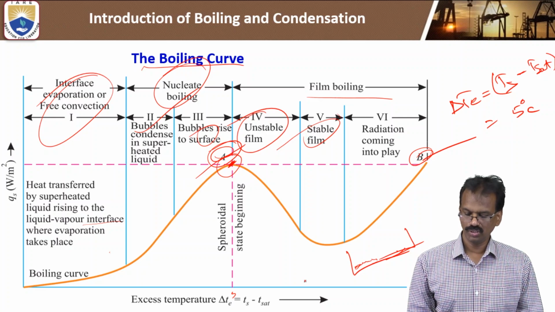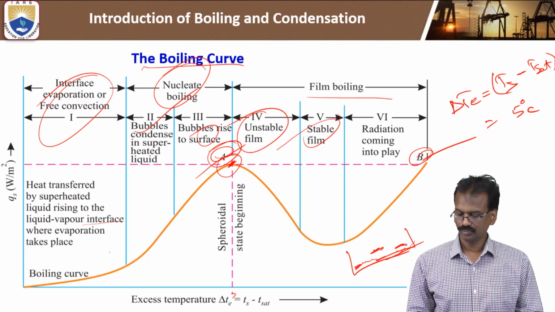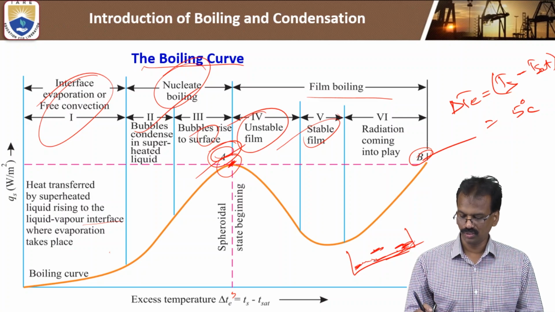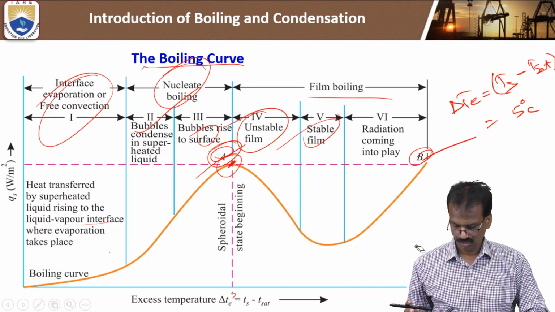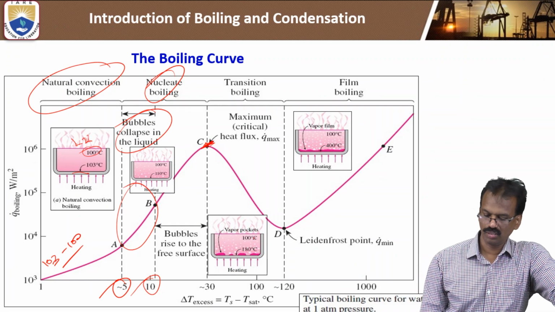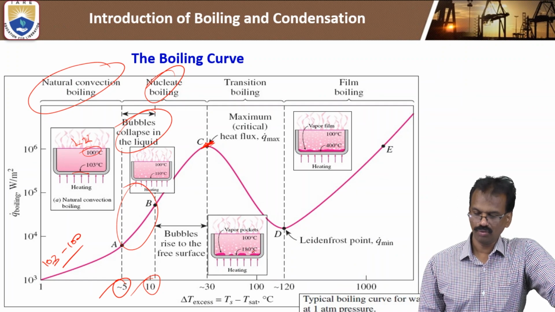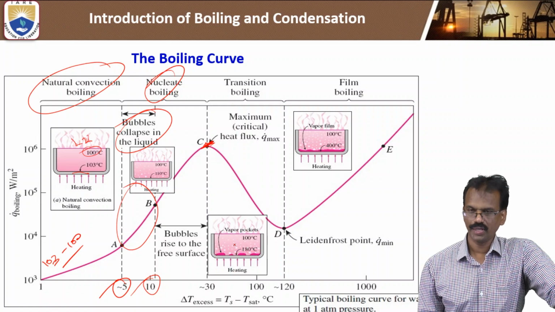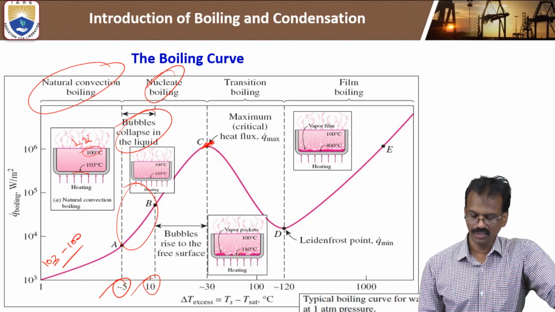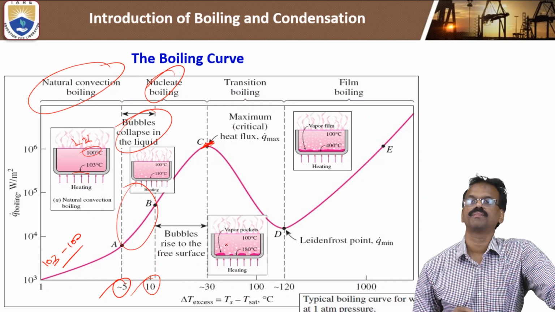First of all, we'll see the unstable film here, near the surfaces. This is the unstable film, formed on the surfaces. Due to these evaporation pockets, heat transfer rate from the surface to the fluid will decrease.